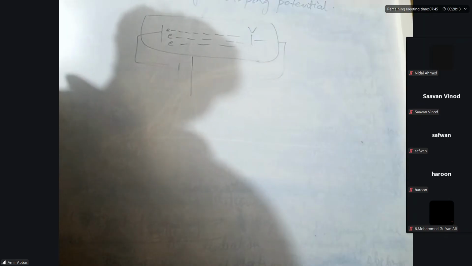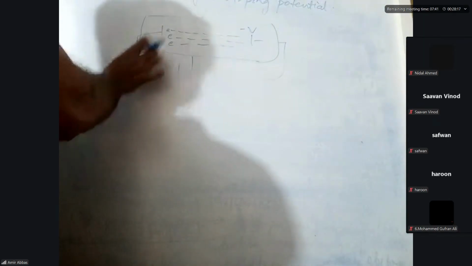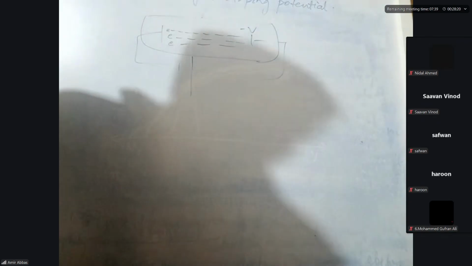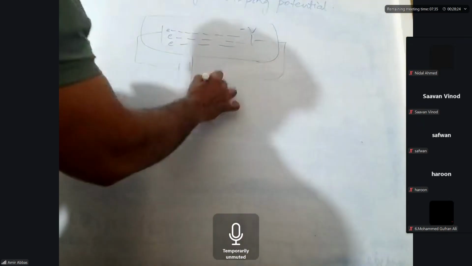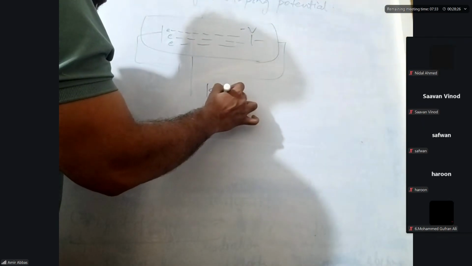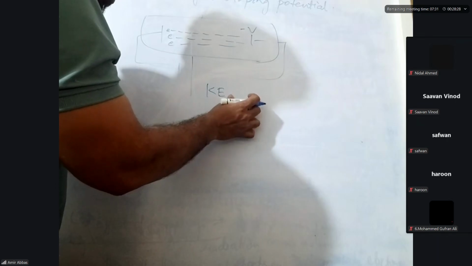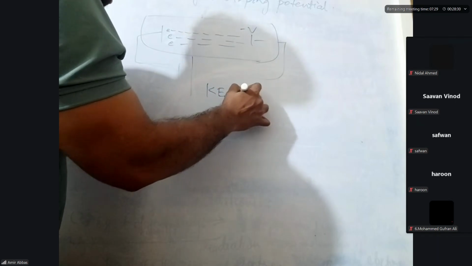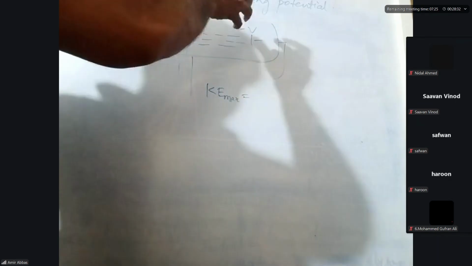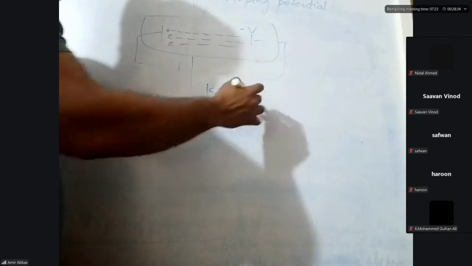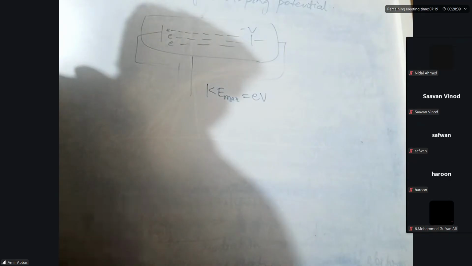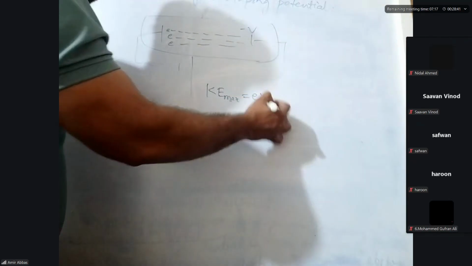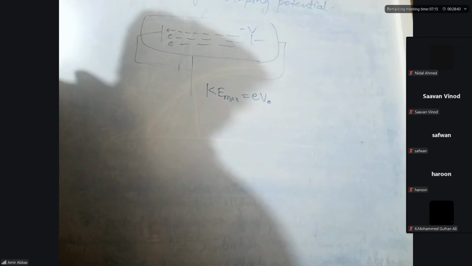Okay. So this means the work done by this negative potential at this point equals the kinetic energy of this electron. Have you got that? Then the maximum kinetic energy of the electron equals the work done, that is eV, that is the energy. Or it is the stopping potential. Have you got that, beta?